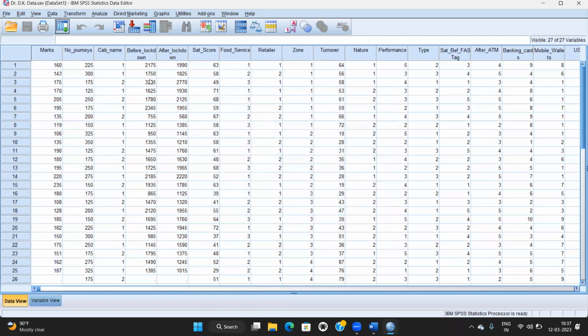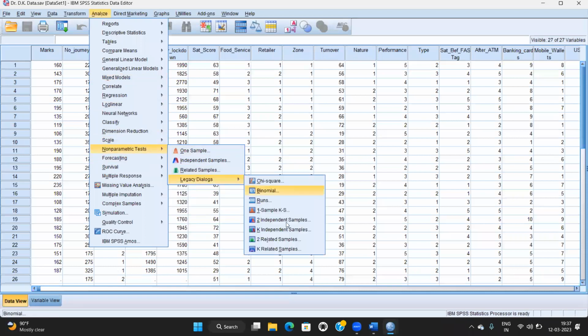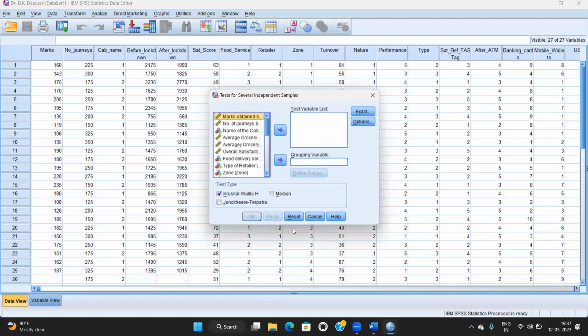But now we are going for analyze, non-parametric tests, legacy dialogues, K independent samples. That means test for several independent samples. What is the test variable? Performance level.